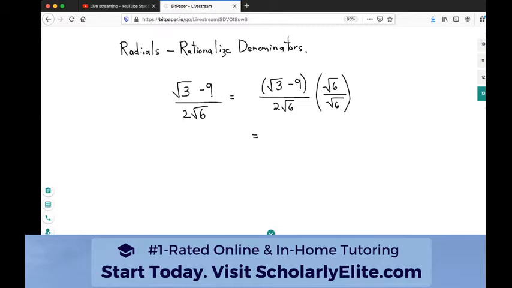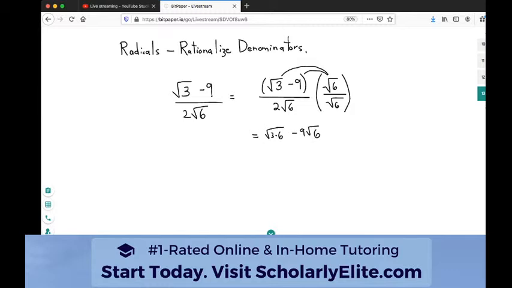So let's do this piece by piece, just to make things a little bit more palatable. Now what's going to happen here is we're going to multiply this in FOIL style. So let's do the first one. Root of 3 times root of 6 looks like this. You can put it under 1 root. And then we've got negative 9 times root 6.